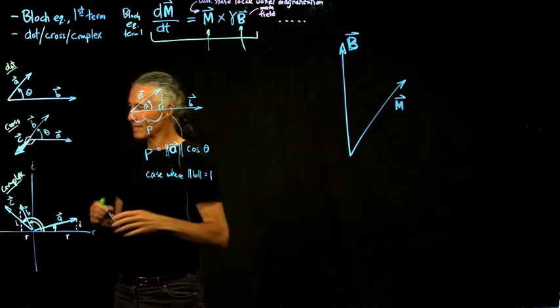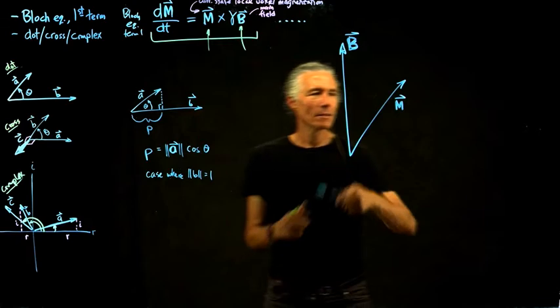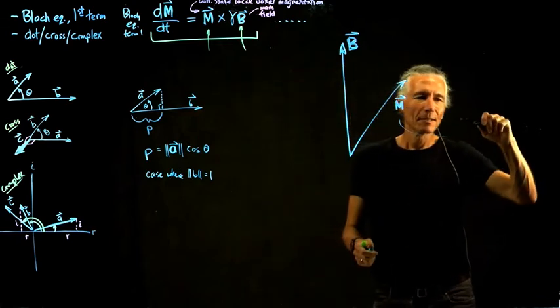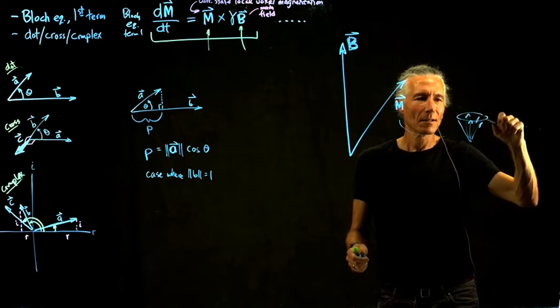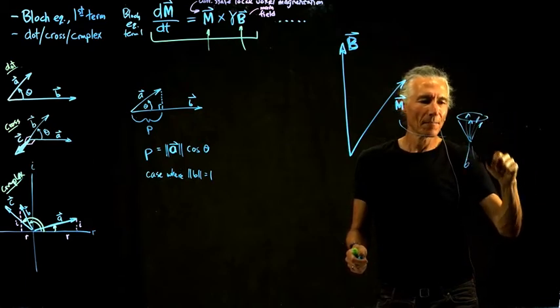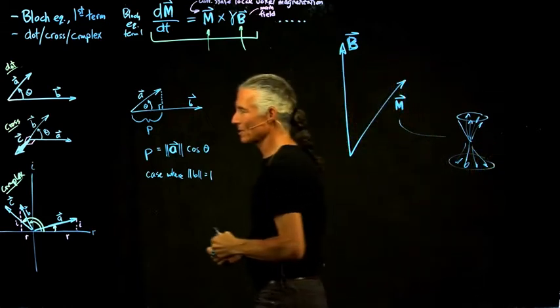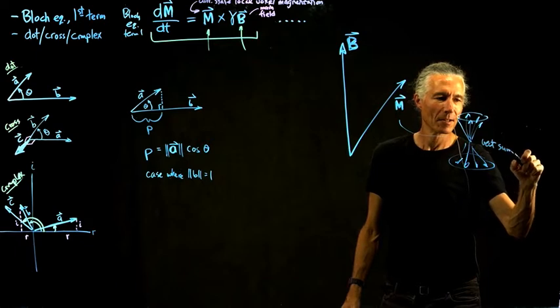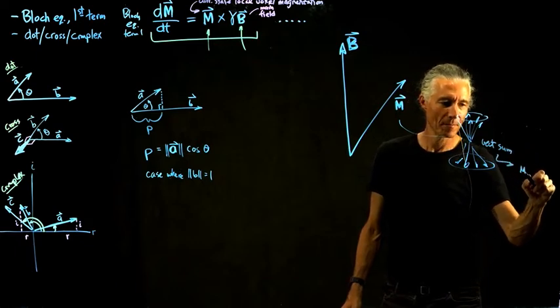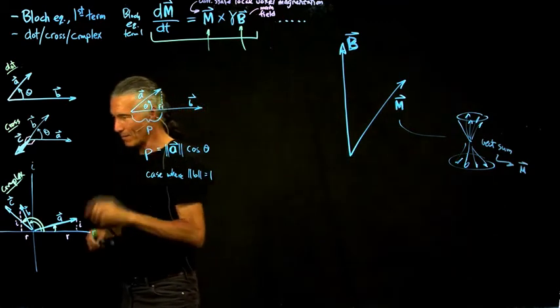At any moment in time, it can be any direction, because remember, the M was just the vector sum of all these guys that are at some angle around those two cones. So we just do the vector sum, and that gives us M at any one point in time, at any one point in space.